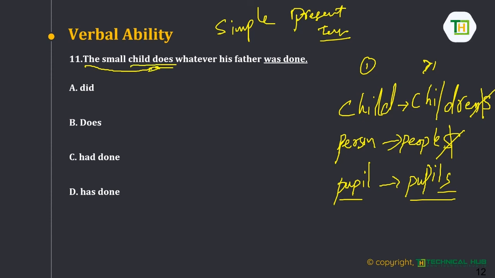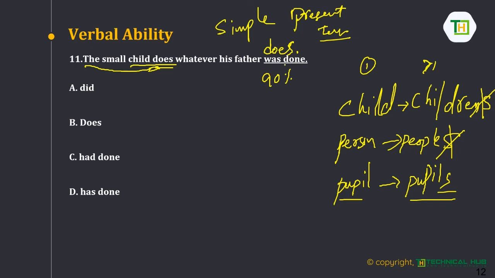Whatever the small child does, whatever his father does. If his father smokes cigars, this fellow also has a 90% chance of smoking cigars.